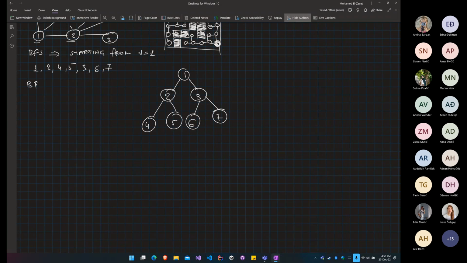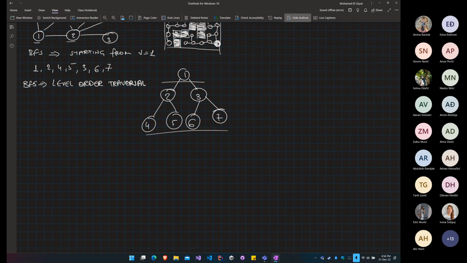BFS in binary trees, sometimes they also call it level order traversal, meaning that you visit based on levels.